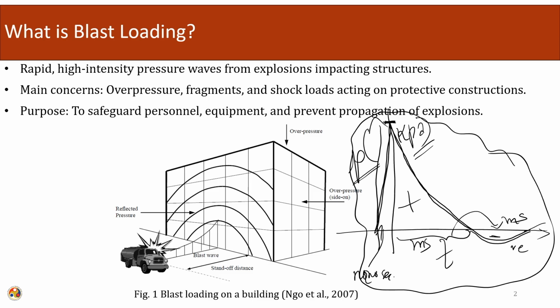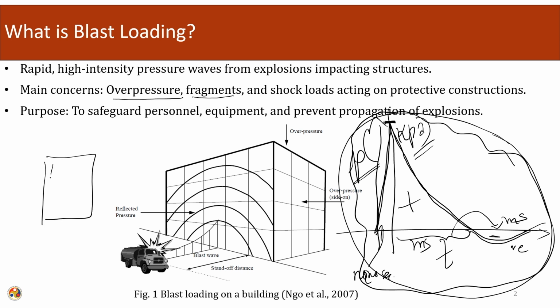The main concern from the blast pressure comes from the overpressure. That is the pressure front that is formed and it hits the structure. In addition to the pressure, there will be fragments. If this blast material, let us say TNT, is kept inside a very hardened steel casing, then once the blast occurs, these casings will be fragmented and they will fly towards the structure.